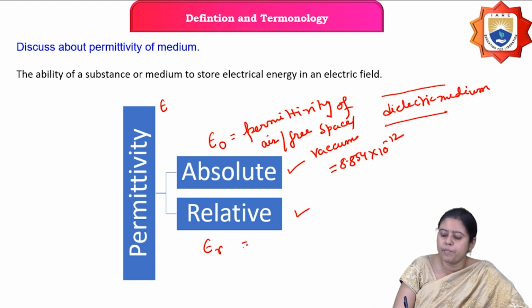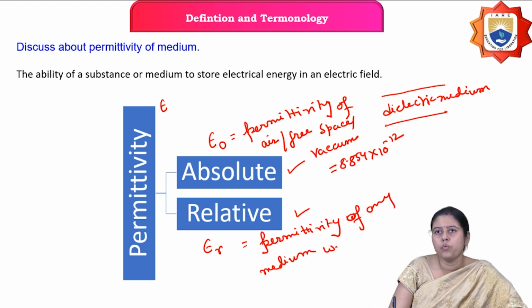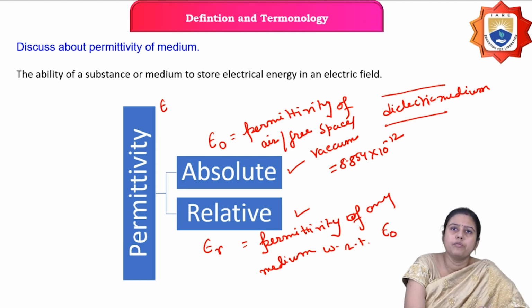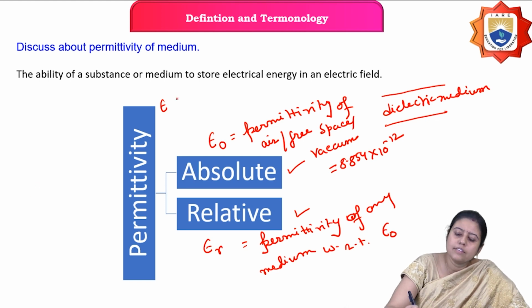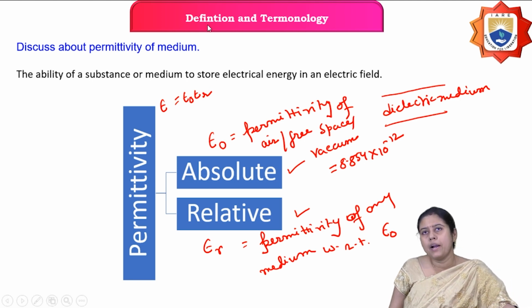What is relative permittivity? It is the permittivity of any medium with respect to the absolute permittivity epsilon naught. And the total permittivity is equal to epsilon naught into epsilon r. So this is the permittivity.